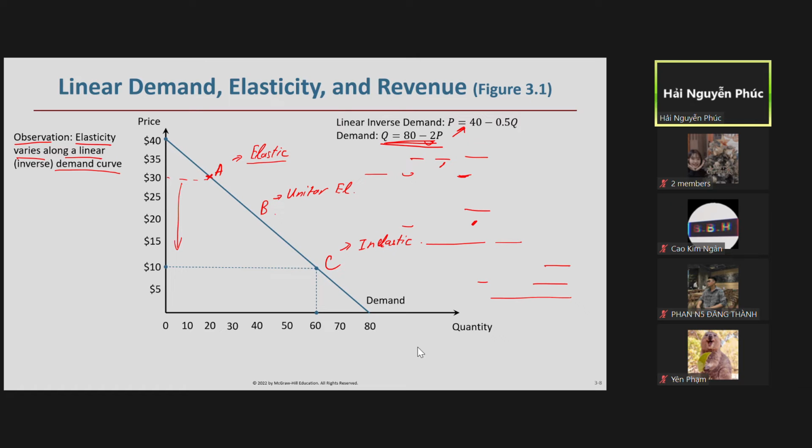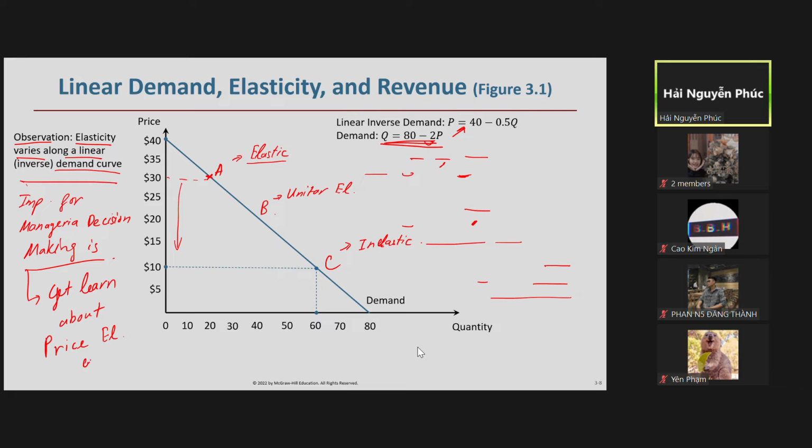So once again, the key point, the implication for managerial decision making is the fact that you have to learn about the price elasticity of demand at a given price level.